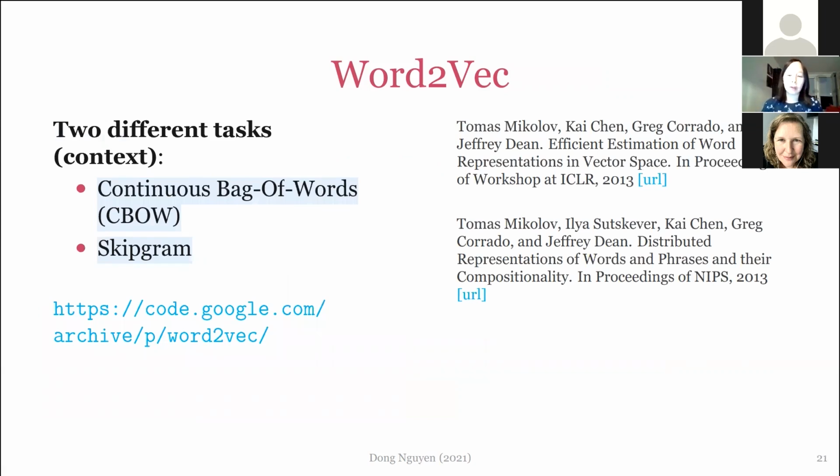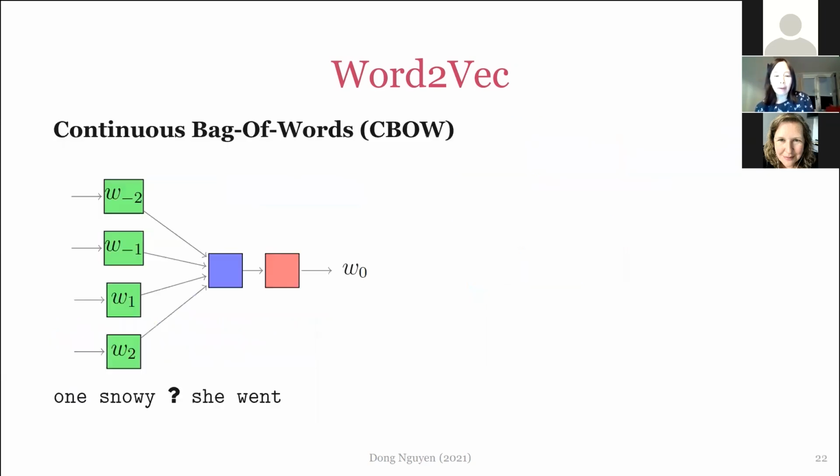Word2Vec was proposed in 2013 and has been very influential since then. There are two different task setups that fall in the family of Word2Vec: the continuous bag of words setup and the skipgram setup. Here's an illustration.